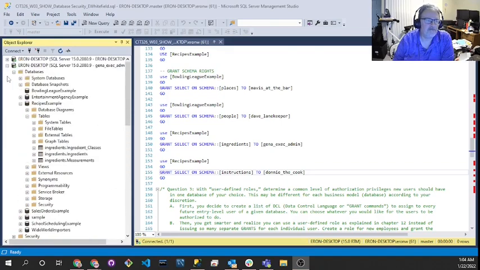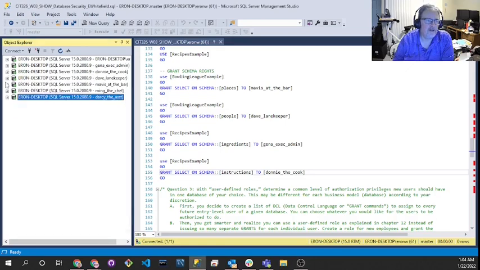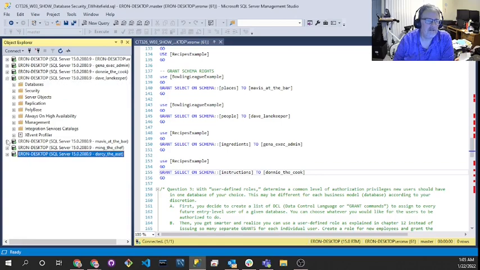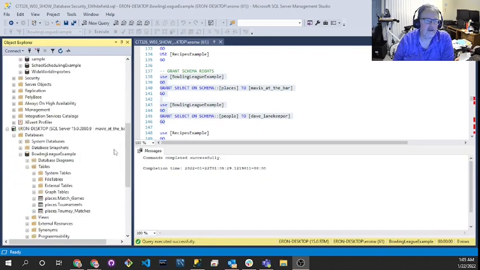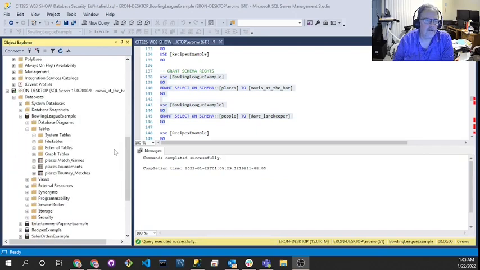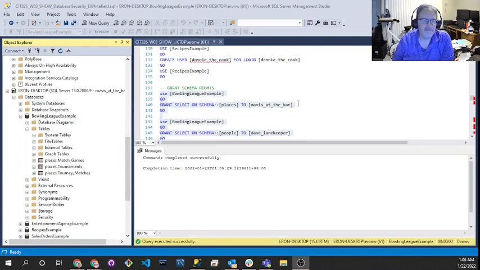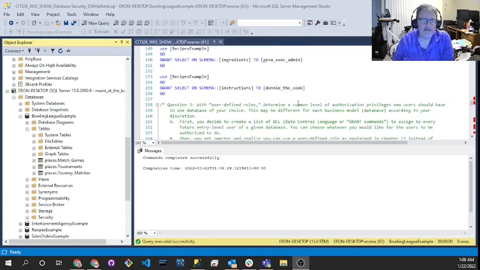The same would be for Dave and Mavis. So that would be how we grant the schema rights.